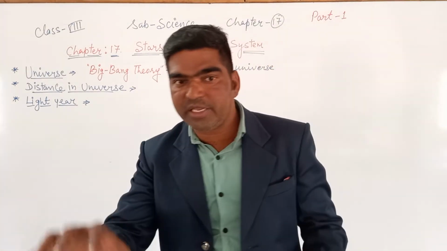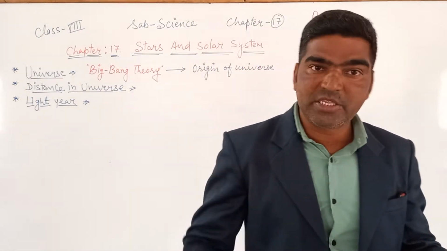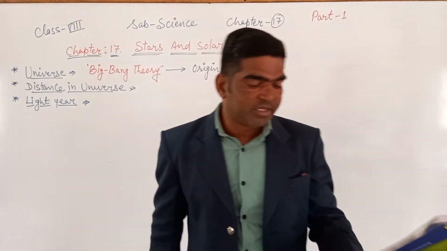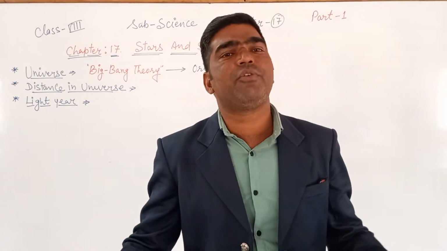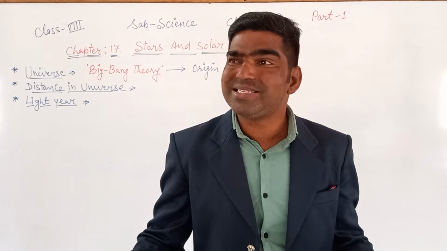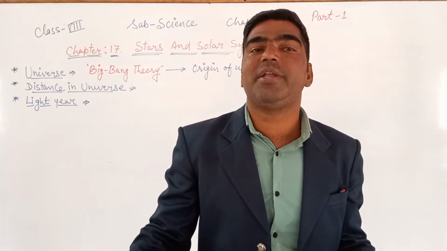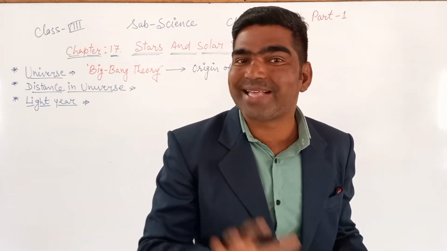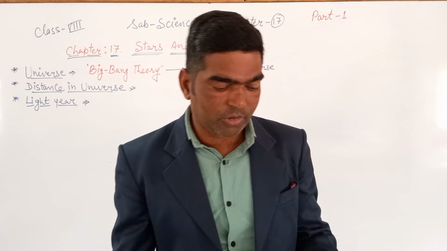Everybody look in your textbook very carefully, page number 205. The universe is a vast, unlimited space. There is no limit to this space. You can see that this whole universe has no limit, it is unlimited. We cannot measure exactly the distance of this universe.